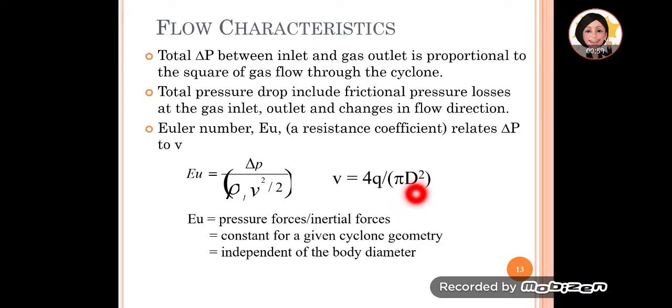So this one is the inside diameter. This Euler number is actually a ratio between pressure forces and inertial forces. It's constant for a given cyclone geometry and it's independent of the body diameter, but it's dependent on the internal diameter of the cyclone.